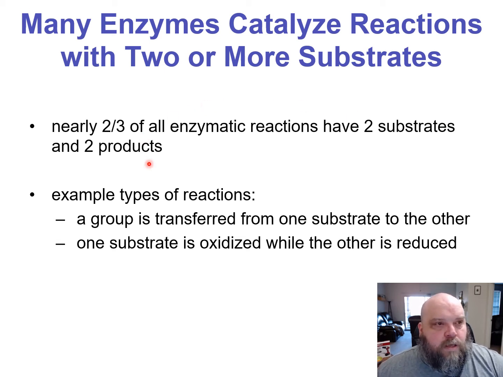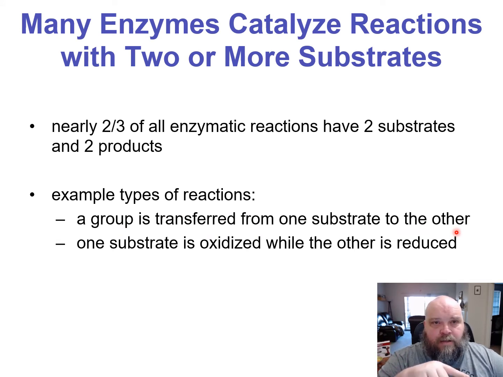What we find, though, is that not all enzymes are quite as simplistic as we've been talking about with the E plus S to the ES to the E plus P. Turns out there's going to be enzyme plus substrate 1 plus substrate 2 that we have to take into account. What you'll see is a group from one substrate is transferred to another. Cut off a methyl, transfer it.